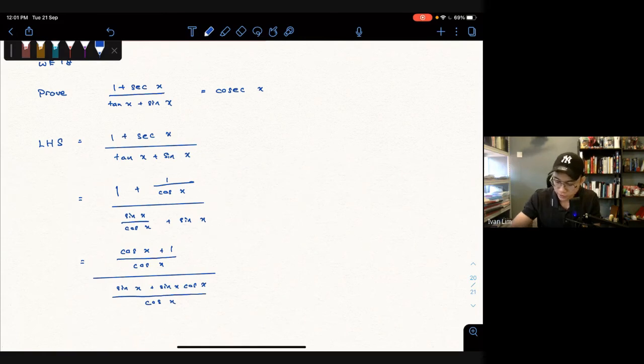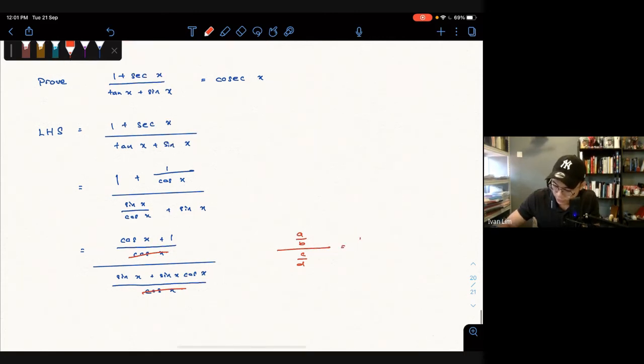This is good because now this and this can be cancelled with each other. If you don't understand this, it's A over B divided by C over D, which is A over B times D over C.